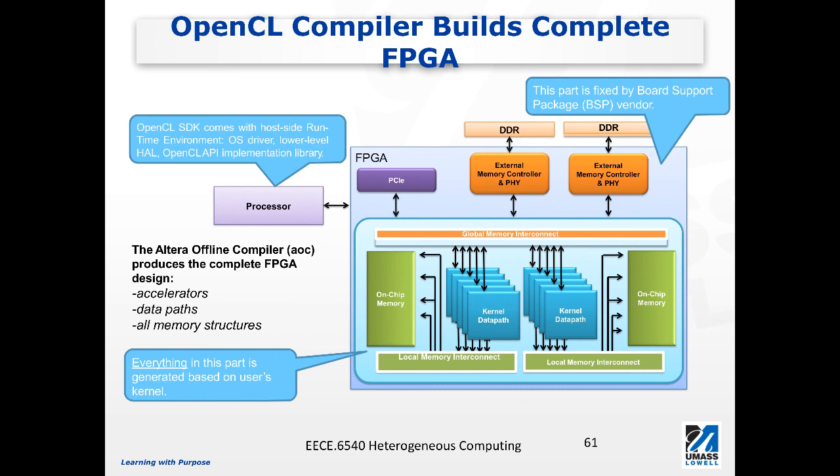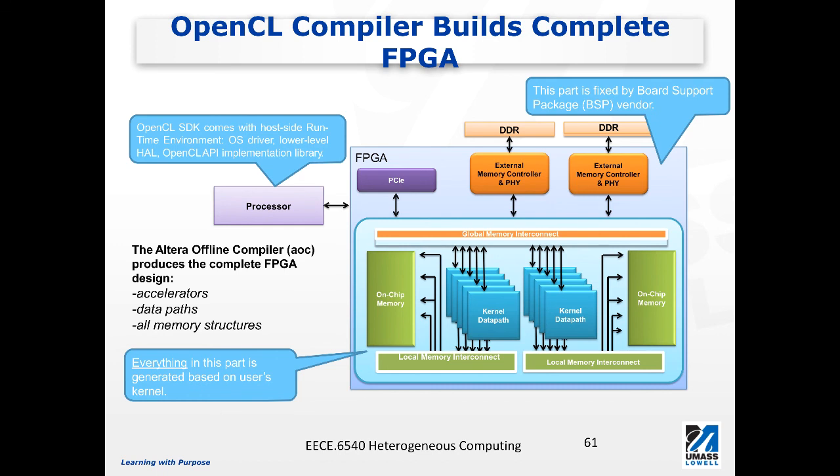On the host side, you actually need the runtime environment provided by the vendor, which includes the drivers for the operating system and low-level abstractions of the hardware, and also the OpenCL API implementation library, such as the clEnqueueBuffer functions.